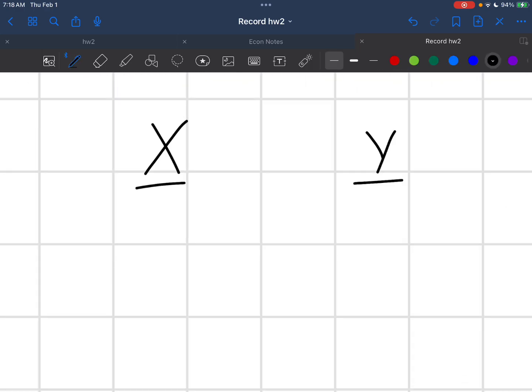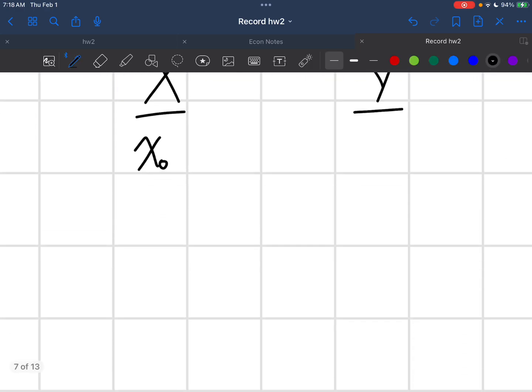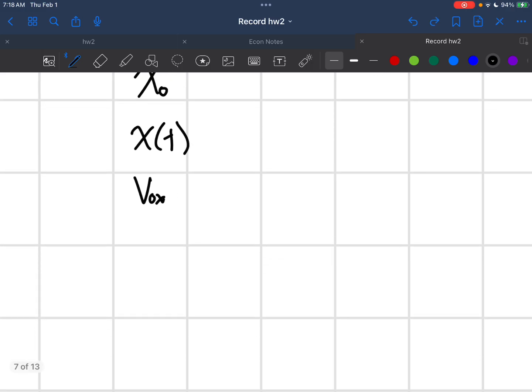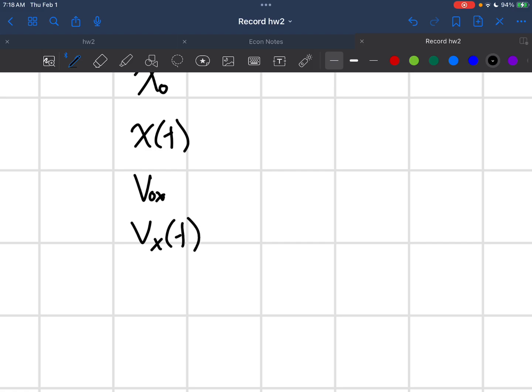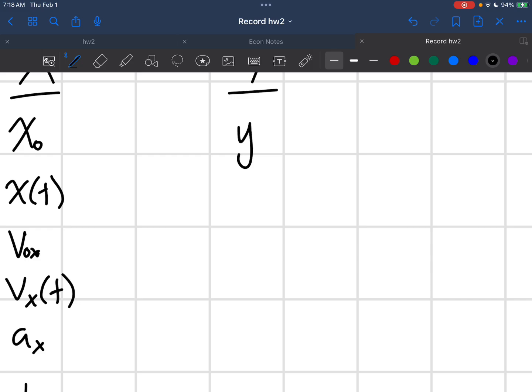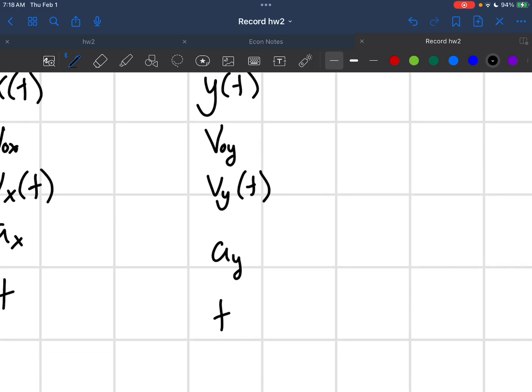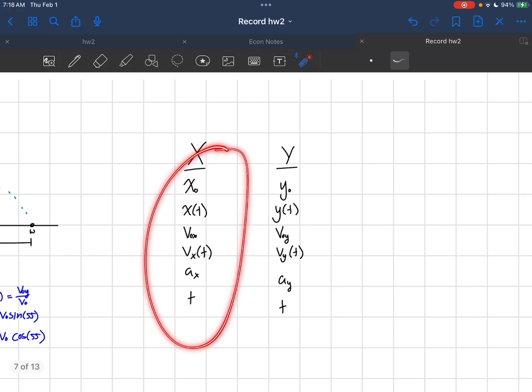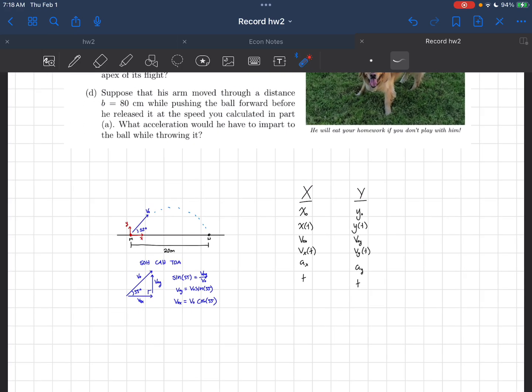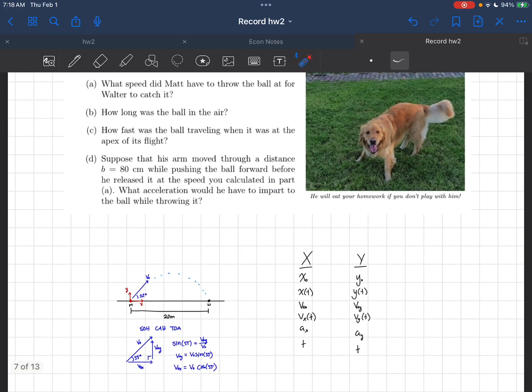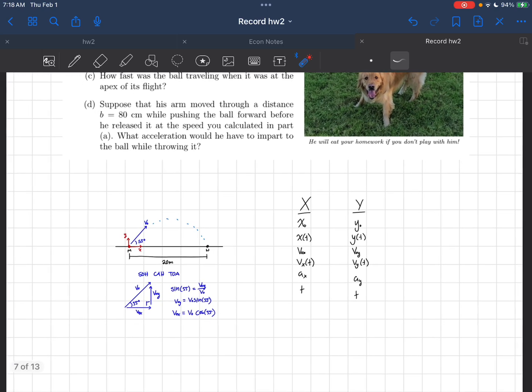So x naught, x of t, v naught x, v x of t, ax, and y naught, y of t, v naught y, vy of t, ay, and t. These are all my possible variables, and I want to think of which ones I'm solving for, which ones I know, and which ones I have to figure out in the meantime.